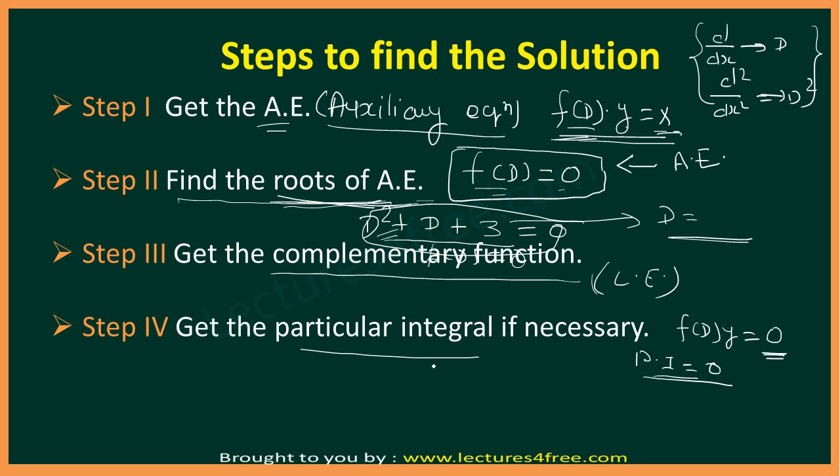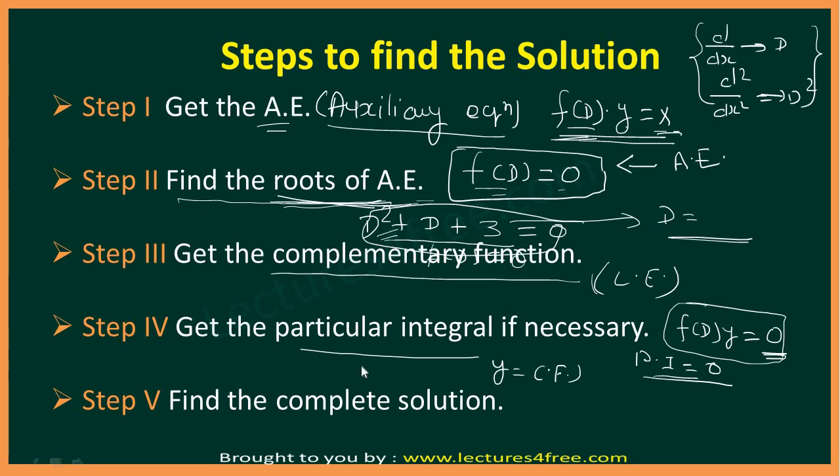For this type of question, your solution will be only the complementary function. We calculate the particular integral only if it is required. In step 3, we get the complete solution if our equation is f(D) y = 0.